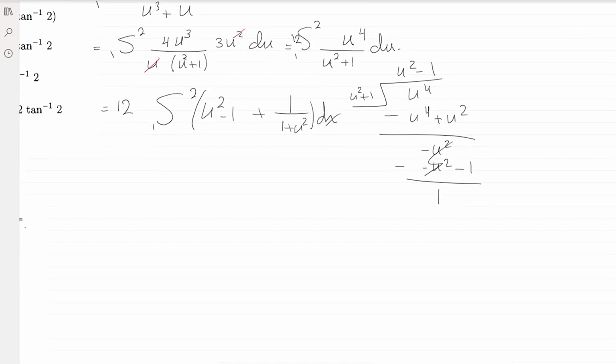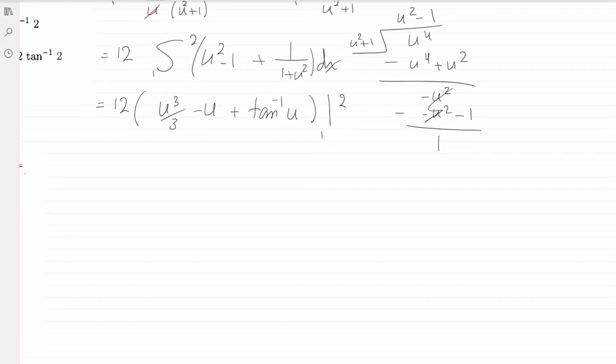Tan inverse, exactly. Now this one here will be 12 times u^3 over 3 minus u plus tan inverse, because the integral of 1 over 1 + u^2 is tan inverse of u, and here we substitute from 1 to 2.